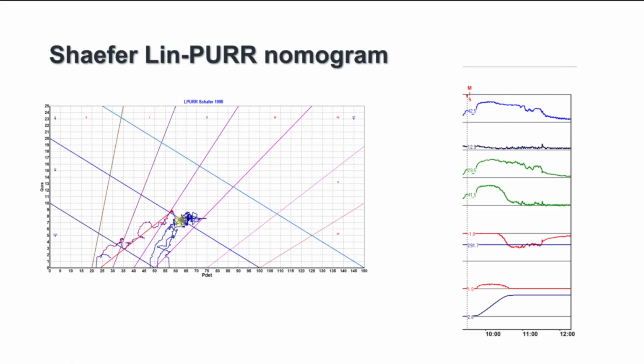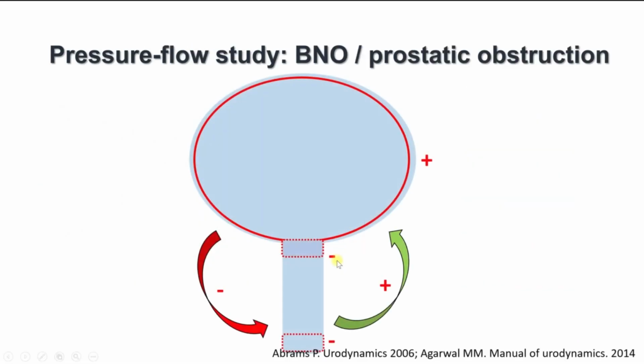The same situation is also represented on Schaefer's nomogram, which is based on linear PURR. We'll not go into much detail of the definition of linear PURR, but it basically tells you the same thing in more categories, from very weak, normal to strong, and obstruction from 0 to category 6.